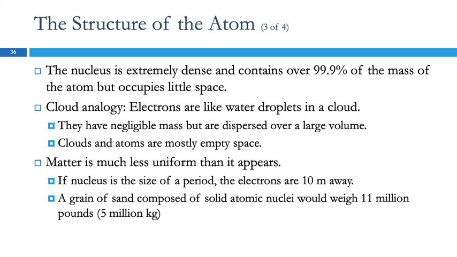There's 1, 2, 3, 4, 5, 6, 7, 8, 9, 10. So if the nucleus, the size of a period, was at the door, the closest electrons would be over on the other wall of the classroom. What's in between? Nothing. So then you think about some of these science fiction things and about matter passing through matter, and you're like, well, heck, maybe we could figure that out, right?